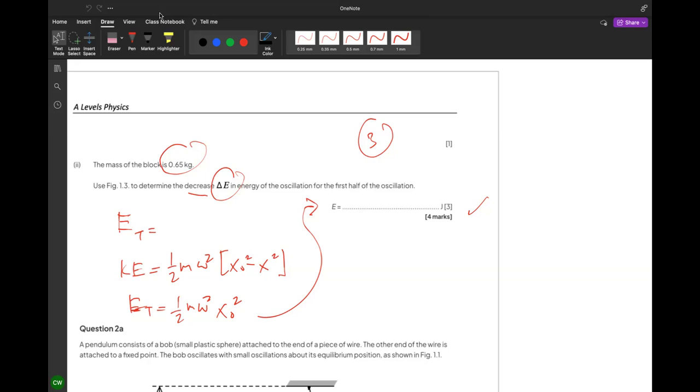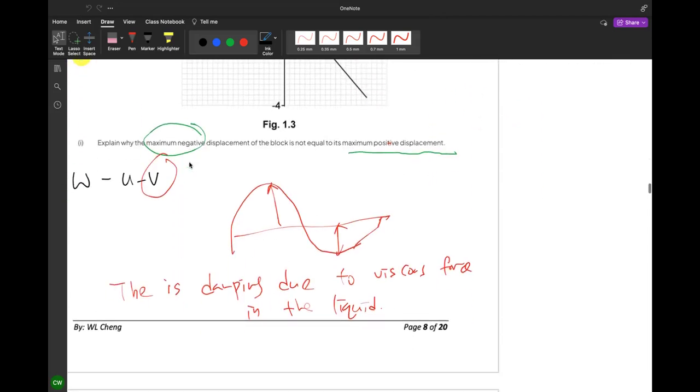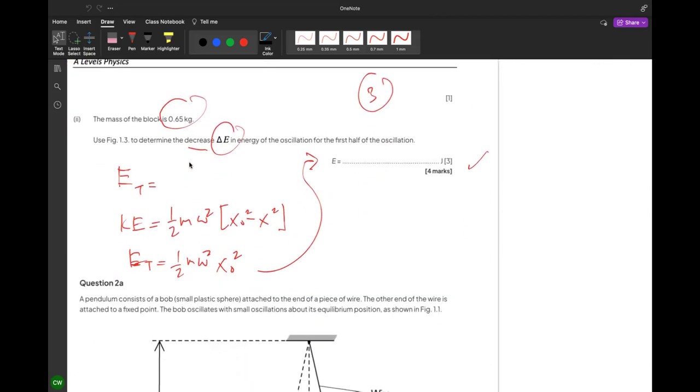Can you get the answer? What is the answer? Okay, let me guide you a little bit. So this one undergoes damping.